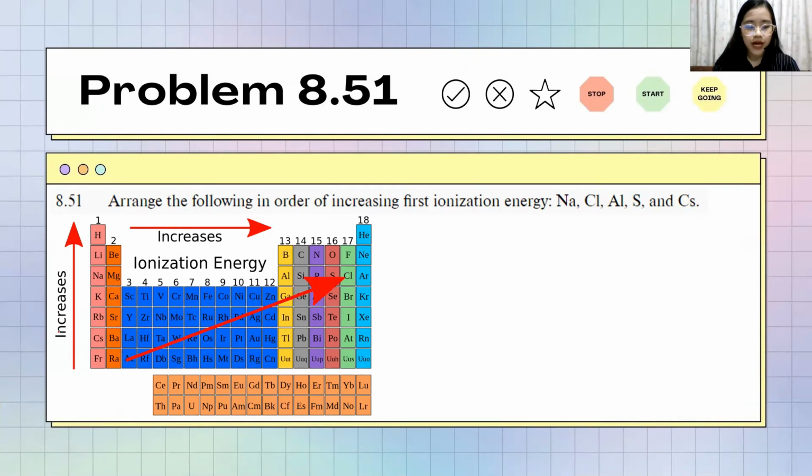So we could identify the location of these elements first. Na is here, chlorine over here, aluminum is here, sulfur, and cesium.